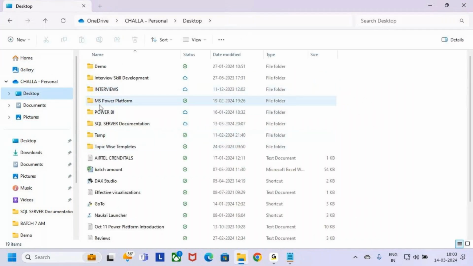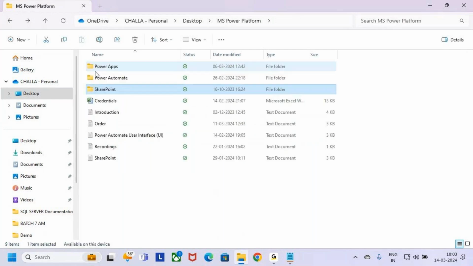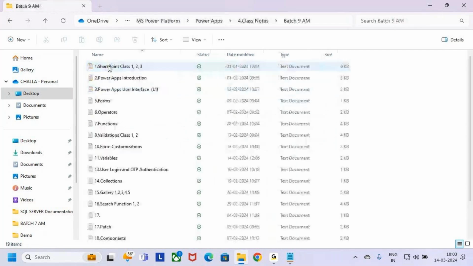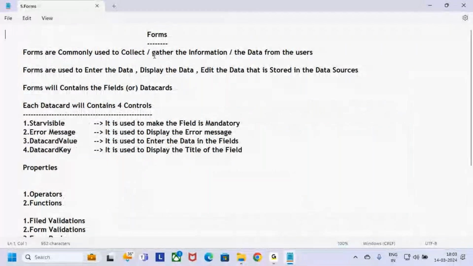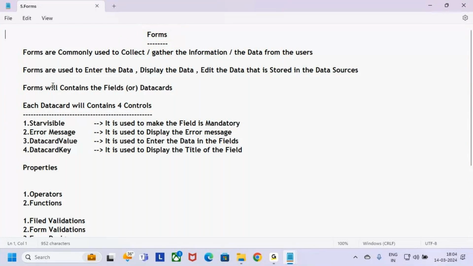Let me open the class notes from yesterday's class. Now see, in yesterday's class, we discussed forms: what is meant by a form, how to create a form in Power Apps, and what the form contains.